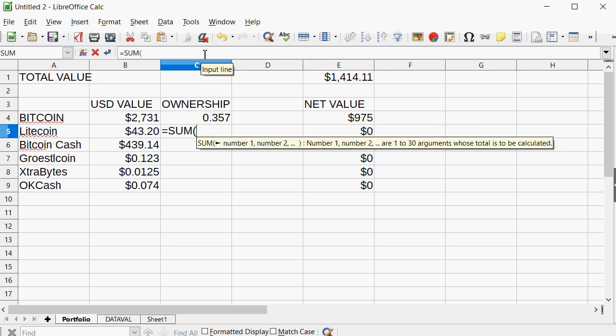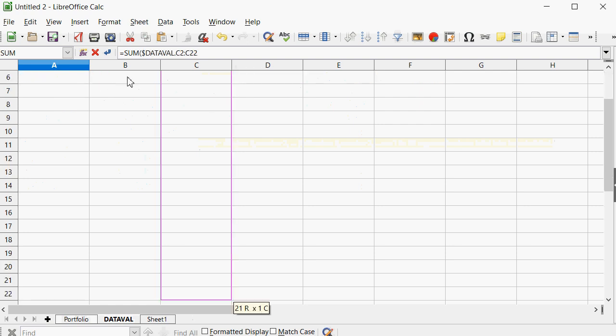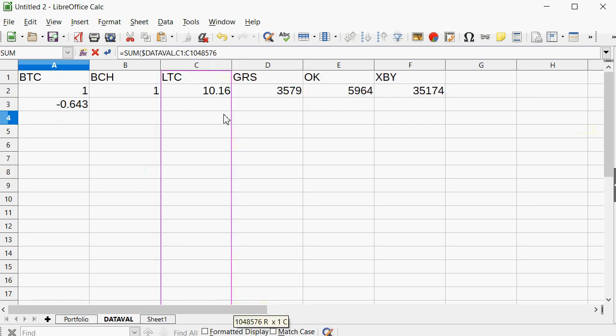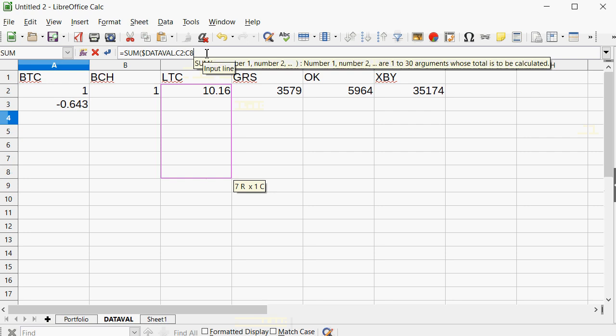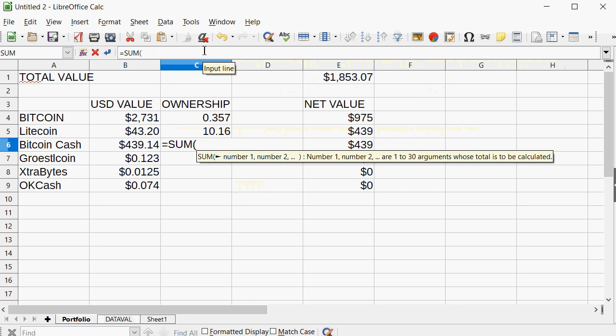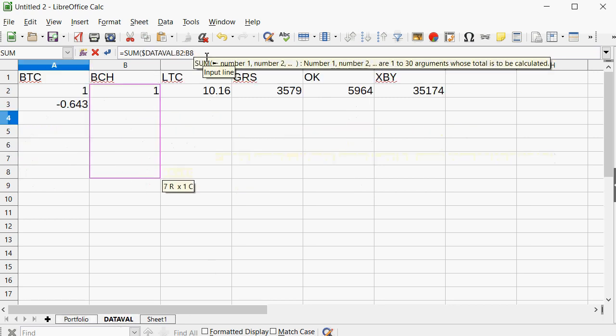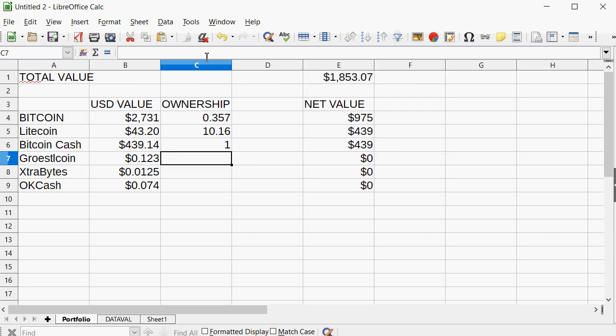I'll do the same thing here, because anytime I'm going to increase or bring coins in and out, I can just write the numbers in like that. So same thing with Bitcoin Cash. We'll do it for all of them that way. Groestlcoin.